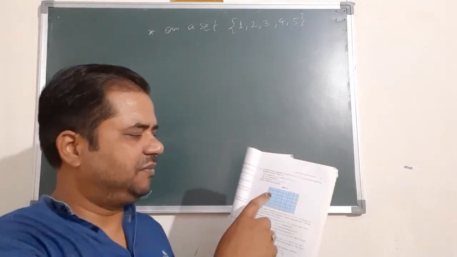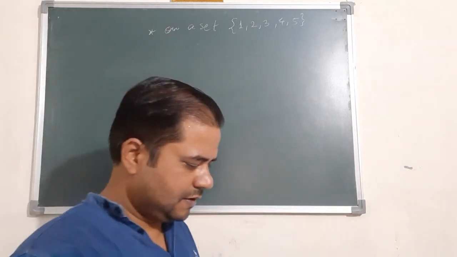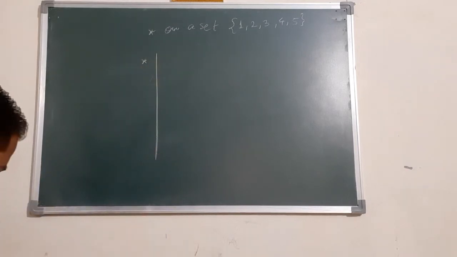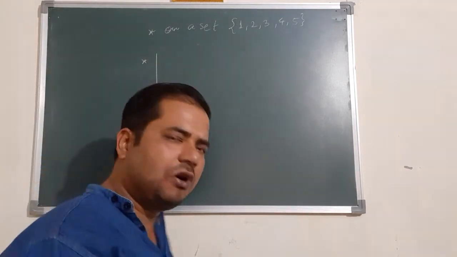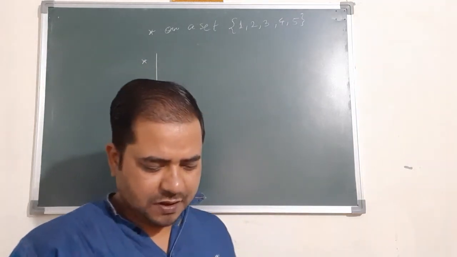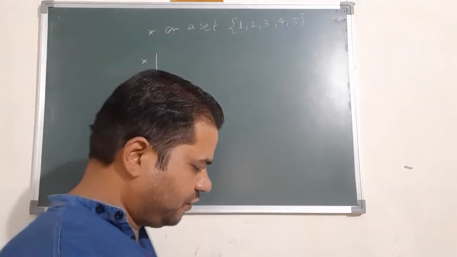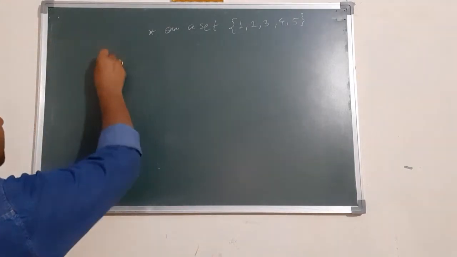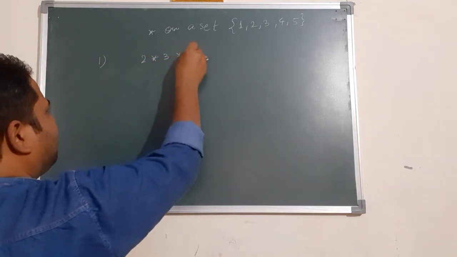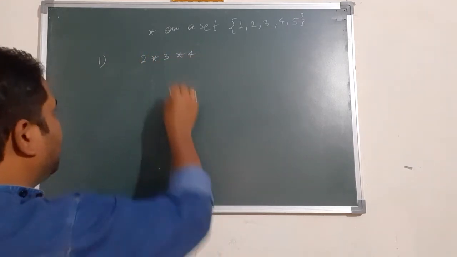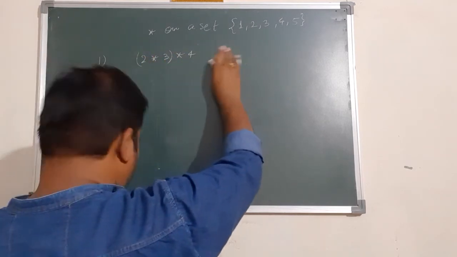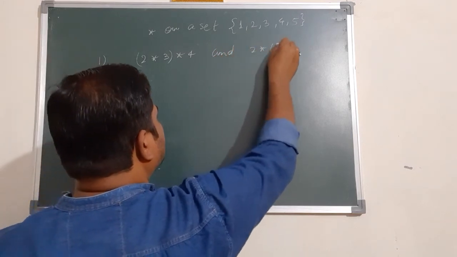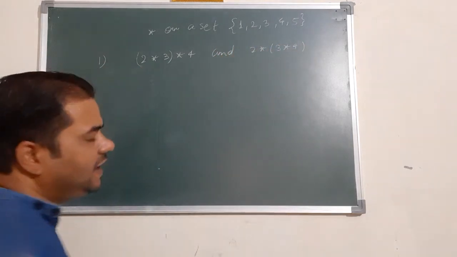The table is already given in your book. Compute (2 star 3) star 4 and 2 star (3 star 4). First, we have to find (2 star 3) star 4, where the bracket is here, and also compute 2 star (3 star 4).